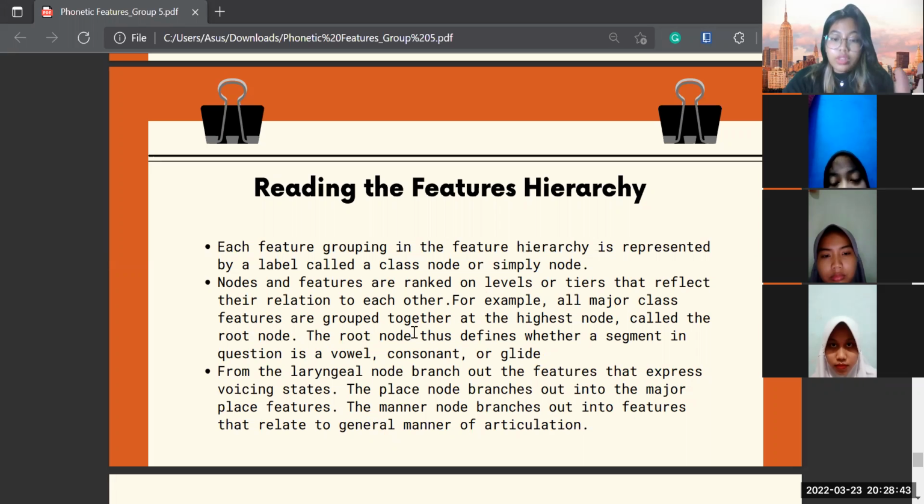The root node thus defines whether a segment in question is a vowel, consonant, or a glide. Then the laryngeal node branches out into the features that express voicing states. The place node branches out into the major place features. The manner node branches out into features that relate to general manner of articulation.